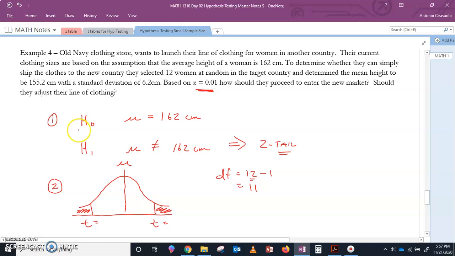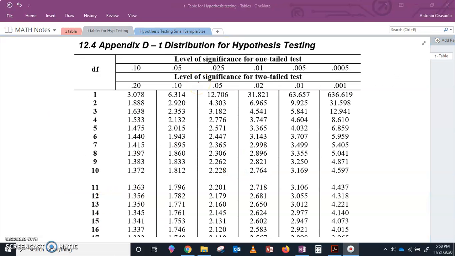Let's go to our t-table for hypothesis testing to determine what the critical values are. So once again, we're going to be using this row to determine which column to use, because it's a two-tailed test with 0.01 as the level of significance, and degrees of freedom was 11.